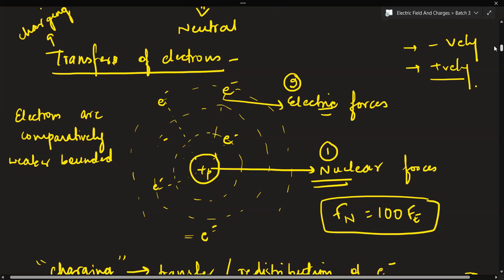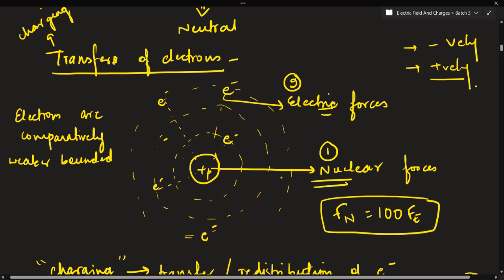Now, to understand what is meant by charging and redistribution of electrons, first understand the structure of an atom. This you have already studied in detail in your class 11 chemistry, structure of atom. Now see, the nucleus holds the protons with the help of nuclear forces, and the second forces that are generated are the electric forces.